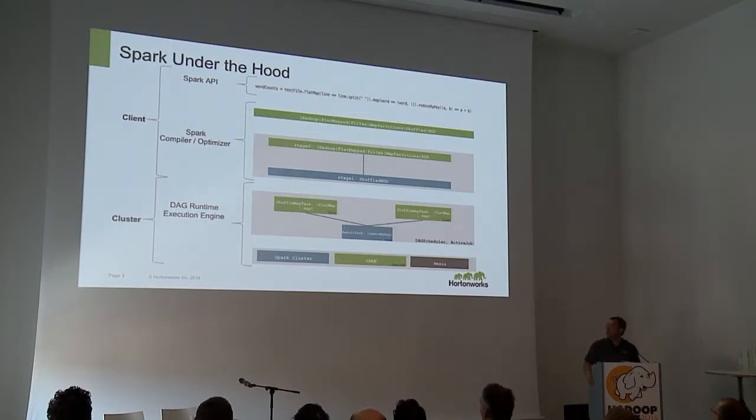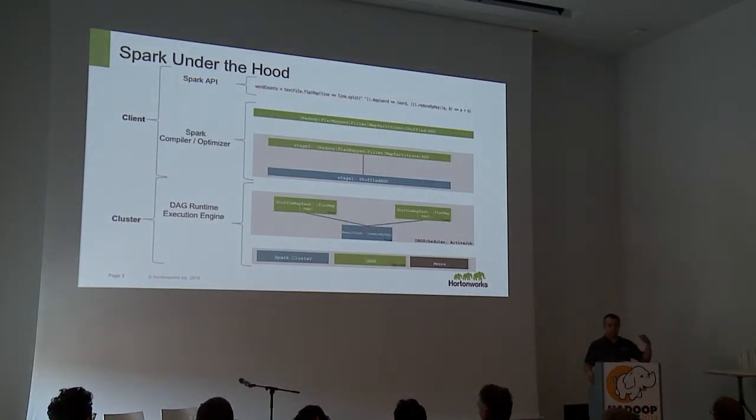When you look at the API, you chain certain operations together, and something has to translate these operations into tasks and distribute those tasks. There are a lot of moving parts that translate it into something that the big data system, whether it's Yarn, Spark Native, or Mesos, can understand and process. That's what the Spark Compiler Optimizer does. It translates your API into executable tasks.